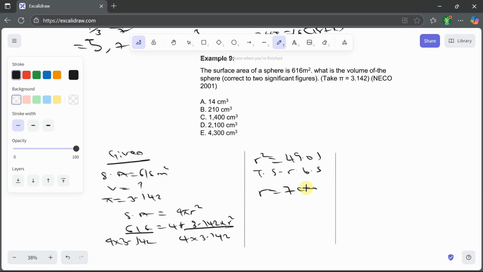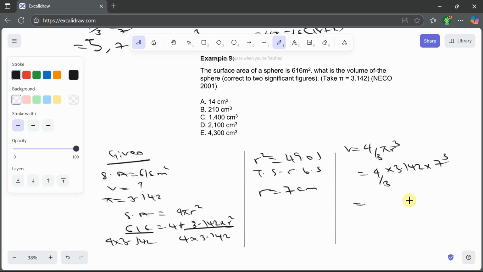If I know my r, I can find the volume. My formula for volume is 4 over 3 pi r cube. So this is 4 over 3 times 3.142 times 7 cube. So this is 4 divided by 3 times 3.142 times 7 raised to the power of 3.